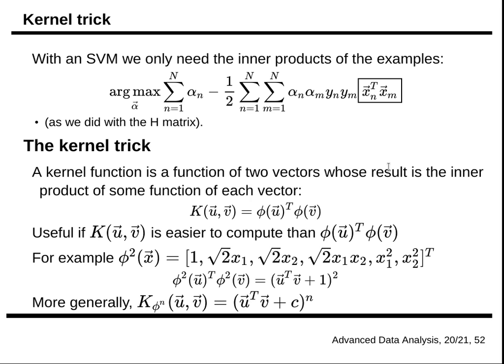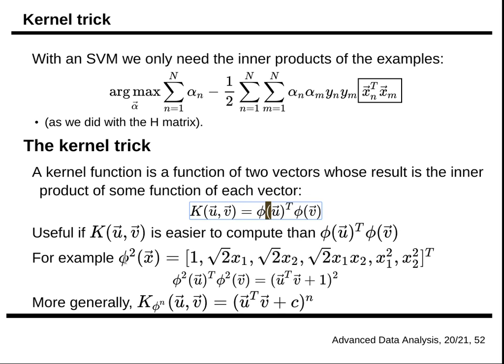So it's unfortunate that mathematicians reuse the same expression in different contexts, but in this context it means something completely different: a kernel function of two vectors gives us the inner product of the vectors resulting from some transformation applied to each of the original vectors. So looking at this may not seem very useful, but this is particularly useful when the kernel function is much simpler to compute than the actual transformations.